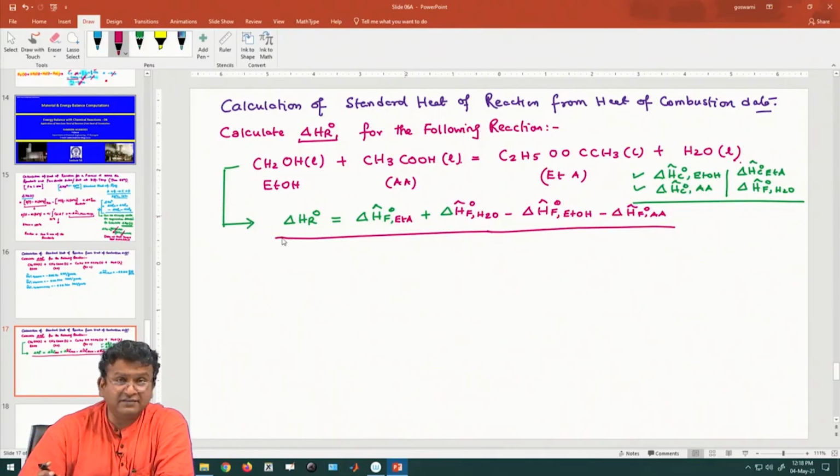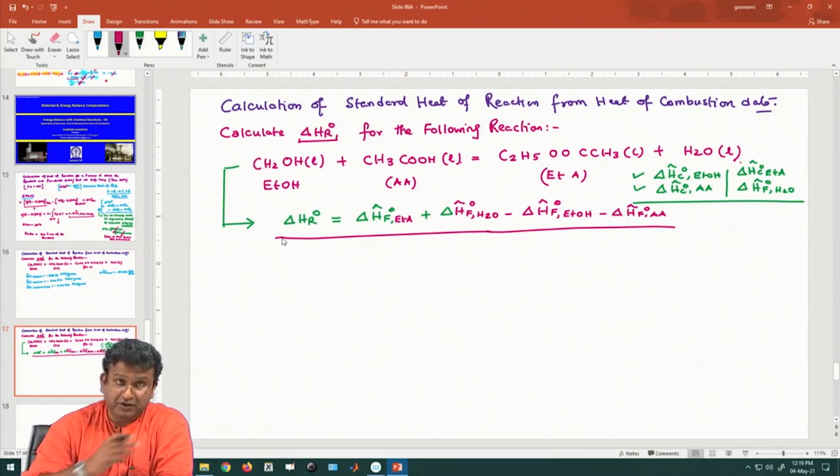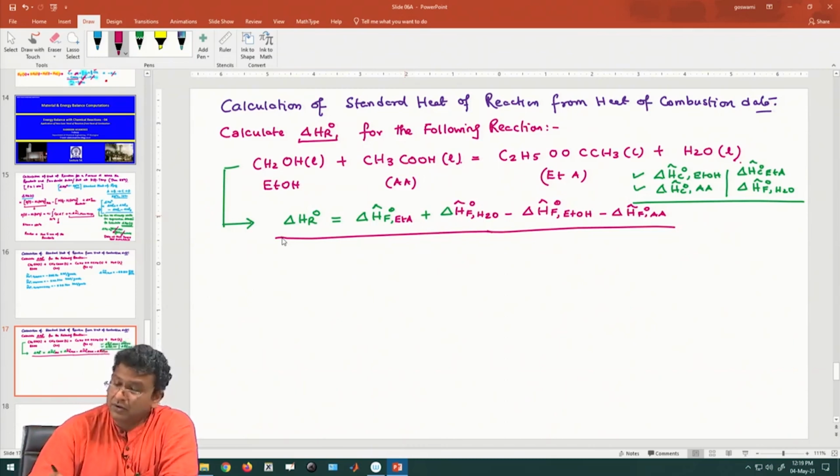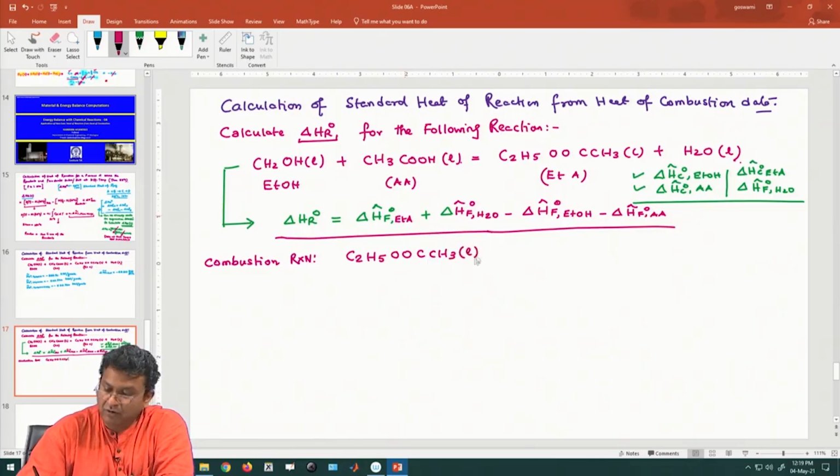So, what exactly is the challenge here? The challenge here is that heat of combustion data for all these compounds are given. So, now we need to look into the combustion reactions for each one of them. For example, the combustion reaction for ethyl acetate, C2H5OOCCH3 in the liquid form.